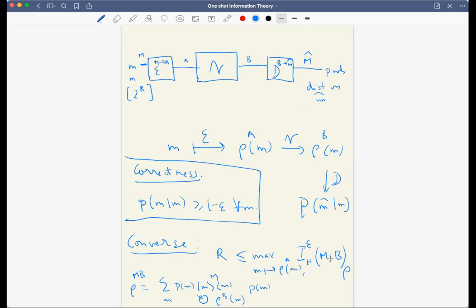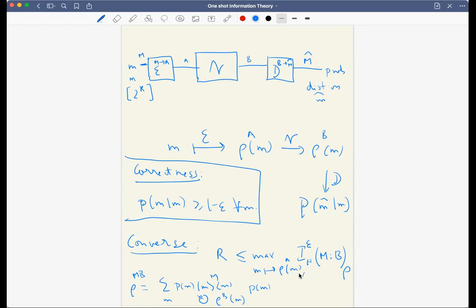Over this CQ state, I can talk of the smooth hypothesis testing mutual information, which we know how to define. And then R is... yes, you have a question? We are completely bypassing the alphabet in this definition. No, you are not completely bypassing the alphabet, because it's an encoding from M to rho_A.